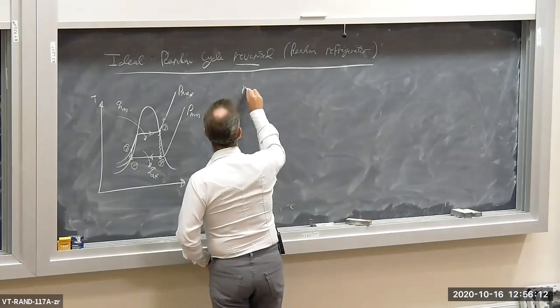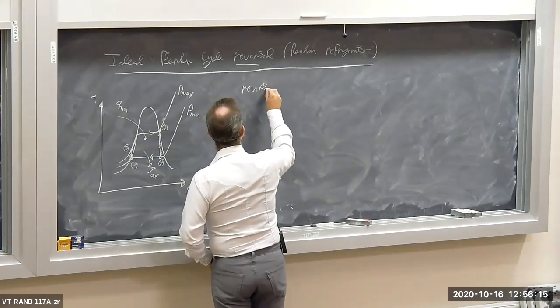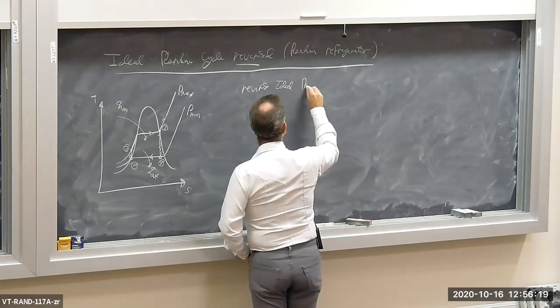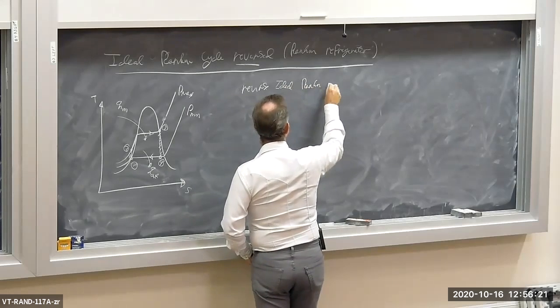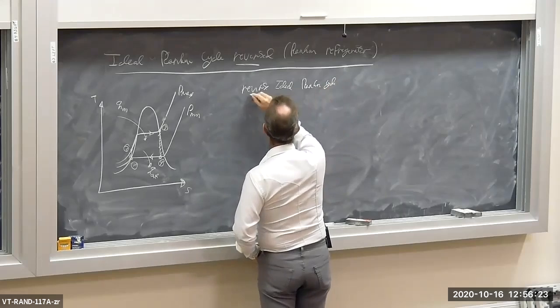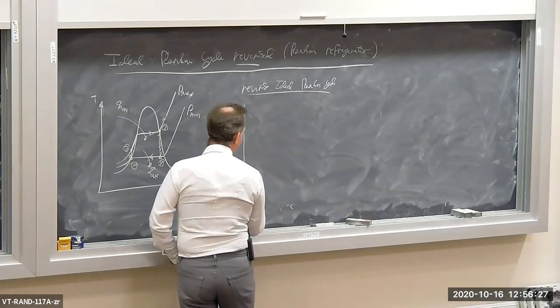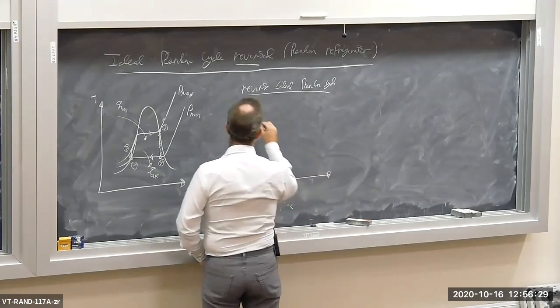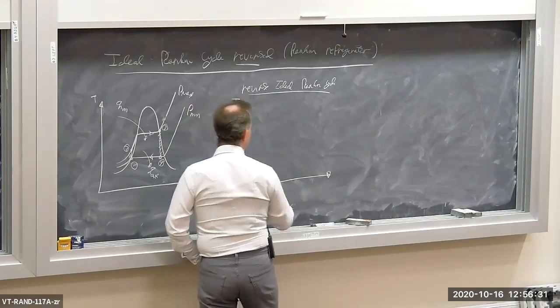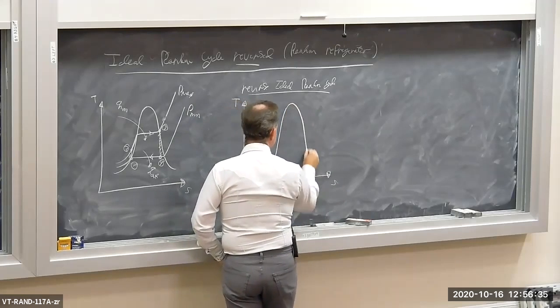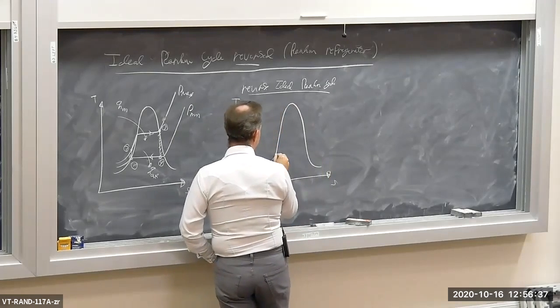So let's reverse the ideal Rankine cycle. Let's reverse this thing. I'm just going to set everything backwards, including the heat transfers. So here's our dome. Here's our P min.